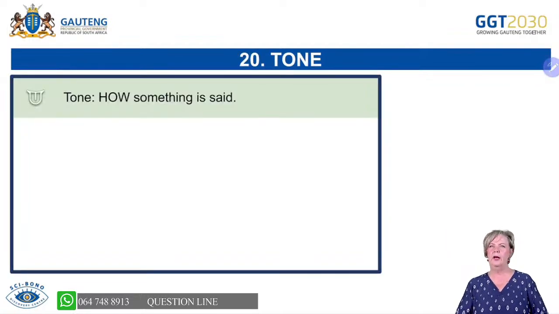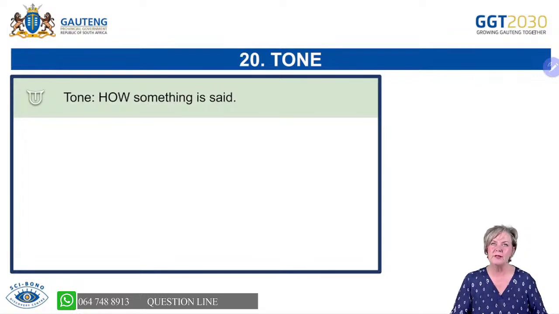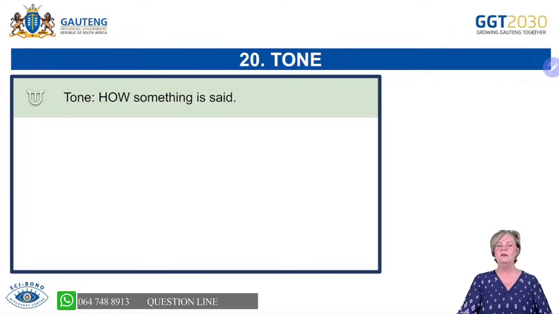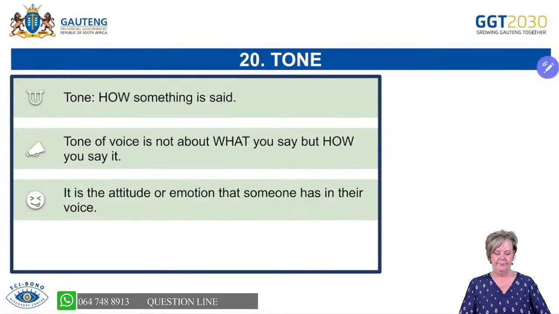Ooh, tone. Tone is such a difficult thing. Tone would refer to the emotion that is attached to how something is said and not necessarily what is said. Tone of voice is not about what you say, but how you say it.